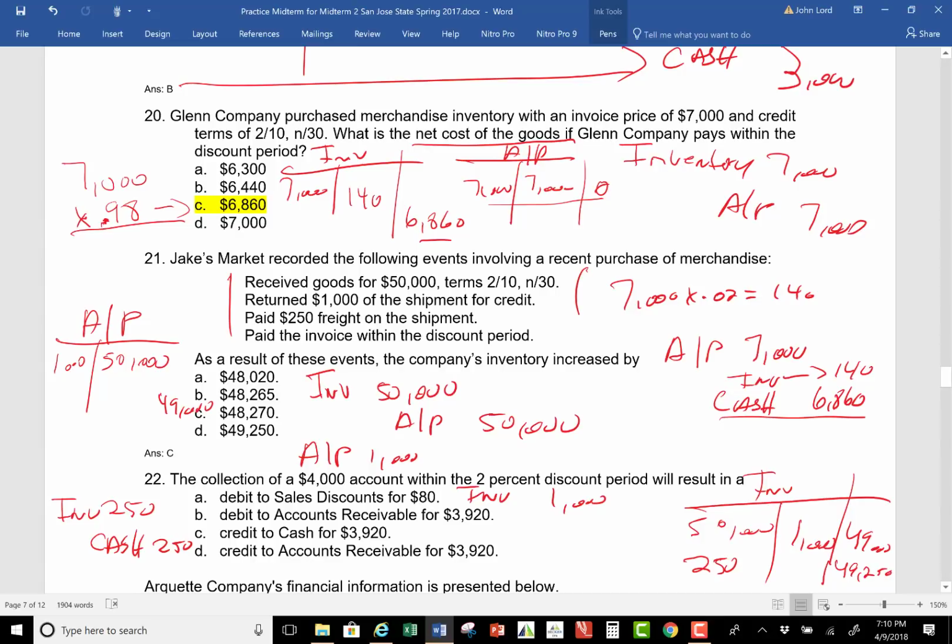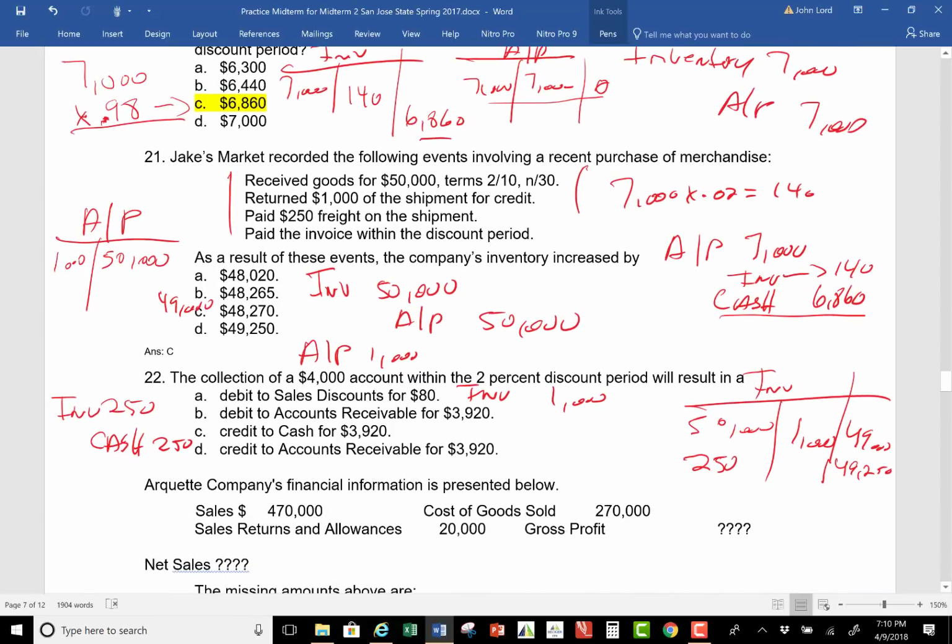49,250. Okay. And then I pay the invoice within the discount period. I'm kind of running out of room here. Where do I want to write this? 49,000, I guess I'll have to write it here.